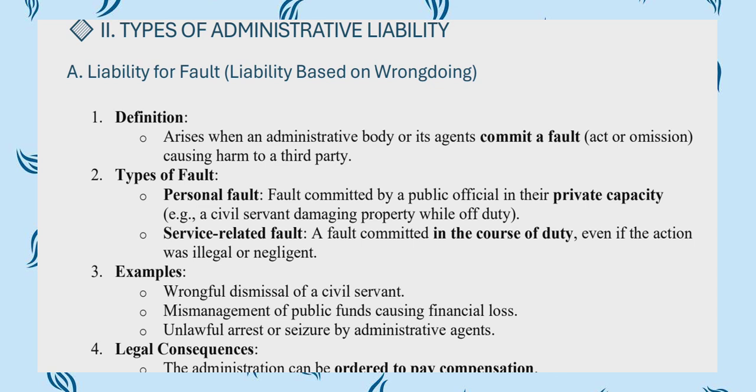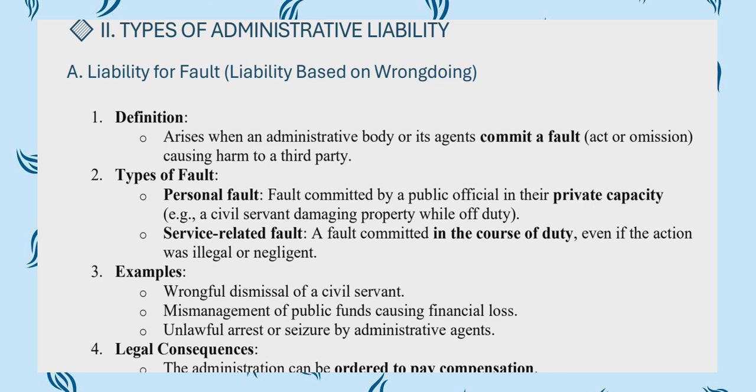This liability can arise as a result of an action or omission, the commission of a fault by the administration. It arises when the administrative authority or administrative agent or administrative body commits a fault that has caused harm to a third party. These faults can either be personal faults or in-service, service-related faults.